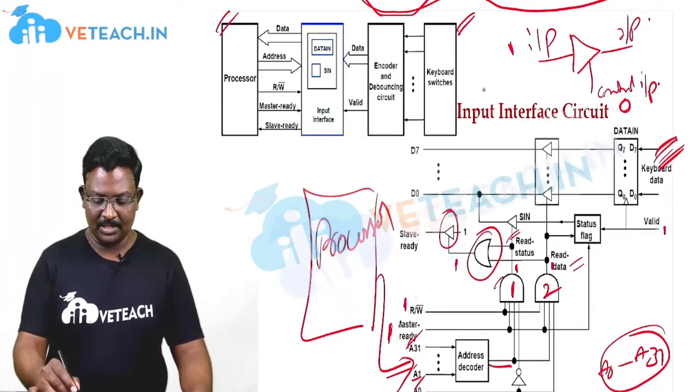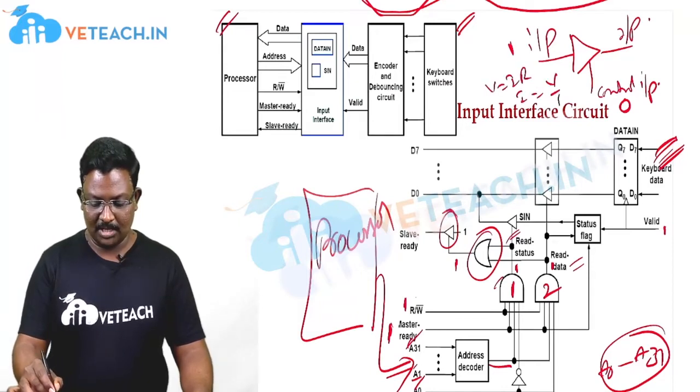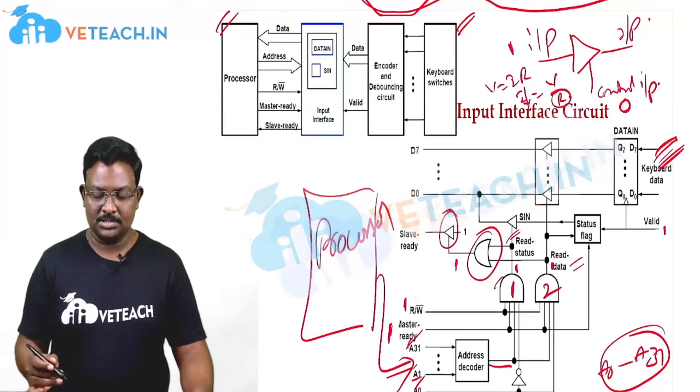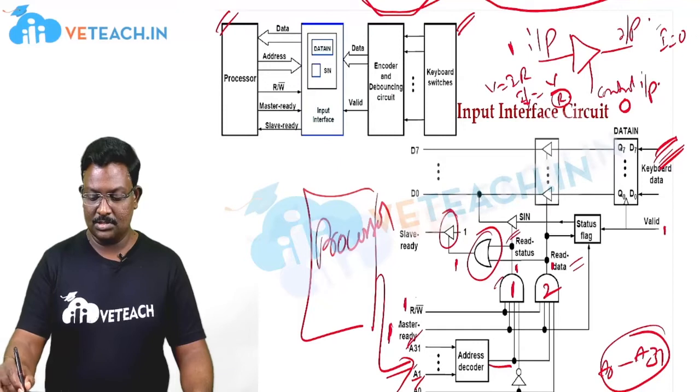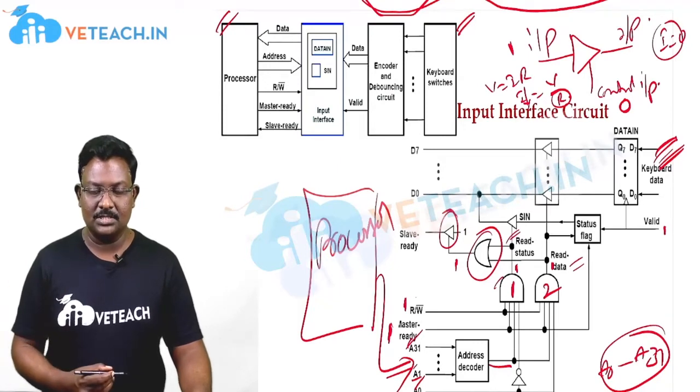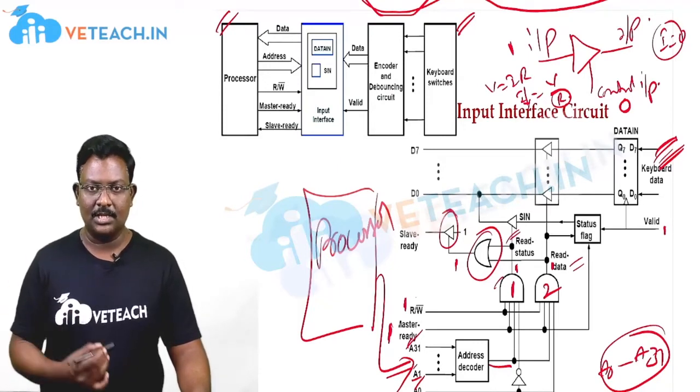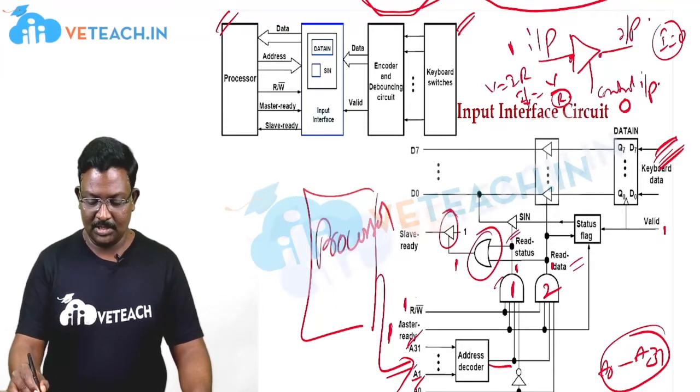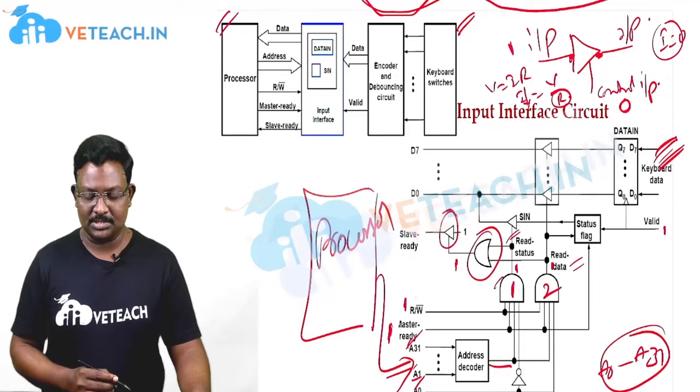When we have high resistance, according to V equal to IR, I equal to V by R, high resistance means low current, so I equal to 0 here. I equal to 0 means there is no connecting path between input and output, so the circuit acts as an open circuit.